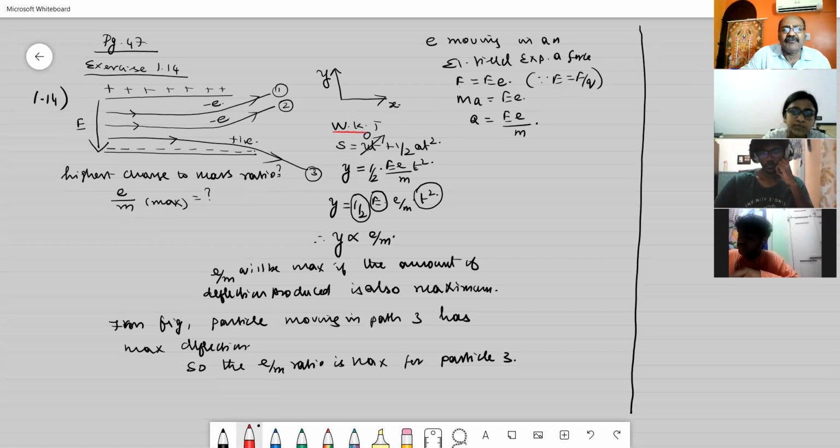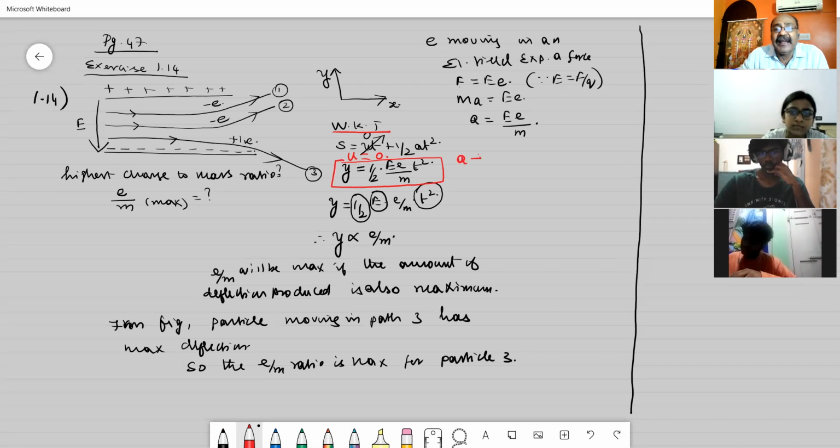according to equations of motion, s is equal to ut plus half at squared. Here s is the vertical displacement produced, taken to be y. The initial vertical velocity is 0, so u equals 0. Therefore, the equation becomes y is equal to half into a into t squared.